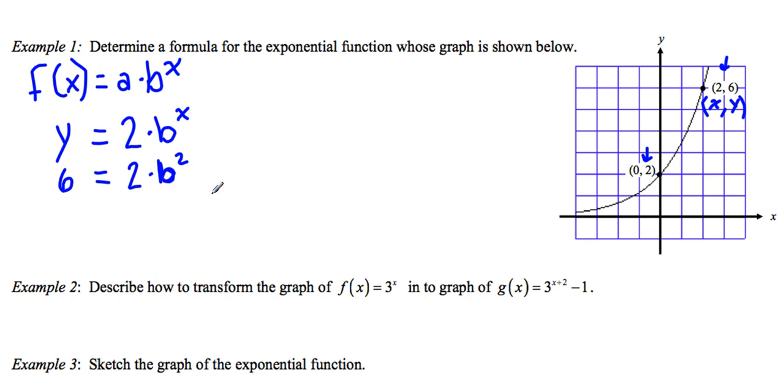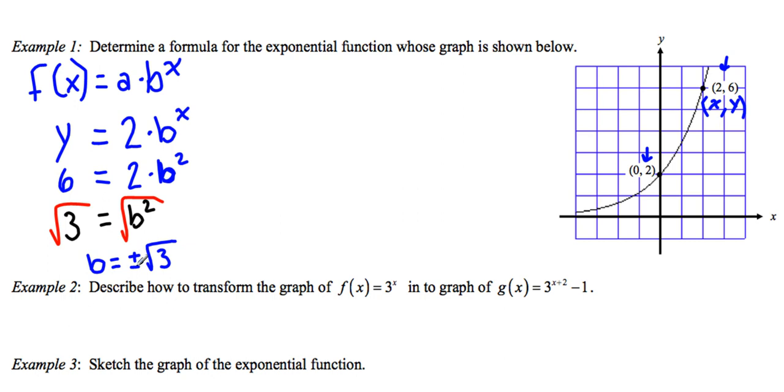When we do that, now we've only got this one variable in this equation, the b, so we can solve for b. I'm going to divide both sides by 2. Now we've got b squared. We just want b, so let's square root both sides. So b equals plus or minus root 3.